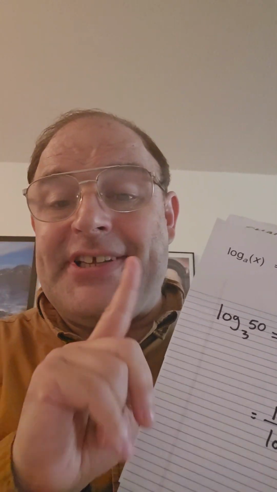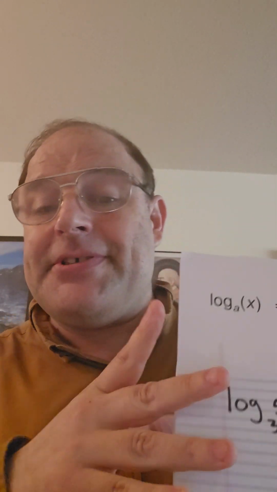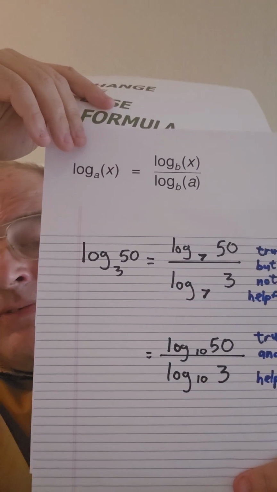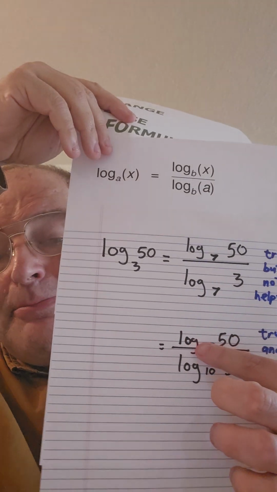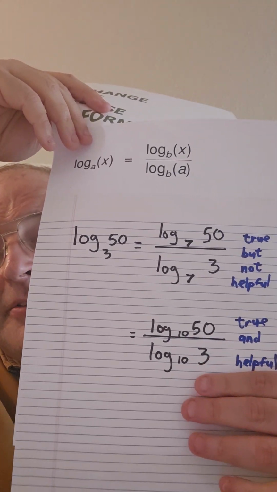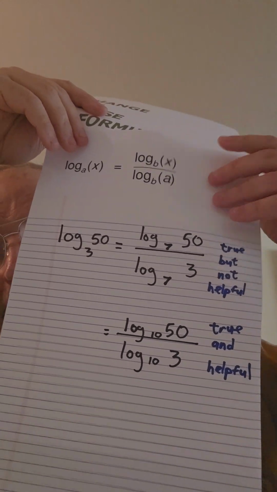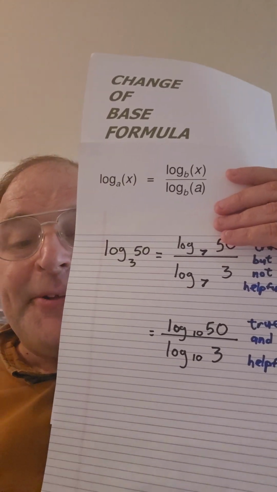But I can choose a base which I can work with. I can say it equals log 50 over log 3 to a consistent base, the top and bottom. I use that base 10. That's both true and helpful, because on my calculator, I can plug in log 50 divided by the log of 3. That will give me the answer, as my calculator is in base 10.